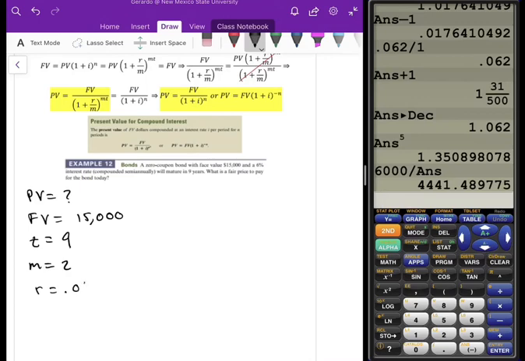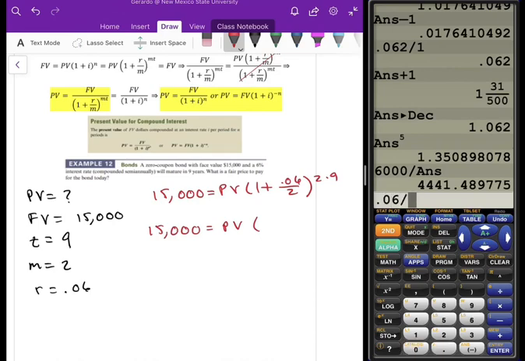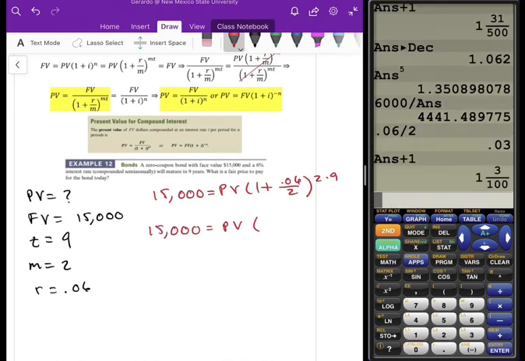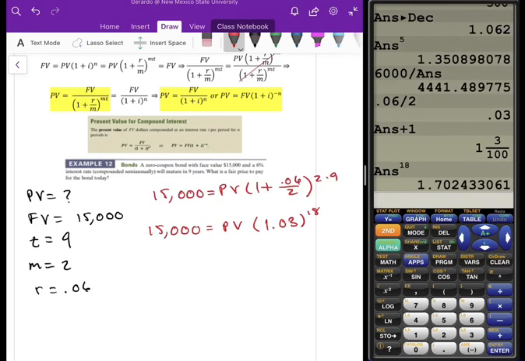Semi-annual, so that's 2. And my rate is 0.06. So I have 15,000 equals present value times 1 plus 0.06 over 2, to the power of 2 times 9. So 0.06 divided by 2 plus 1. That's 1.03 to the power of 18.